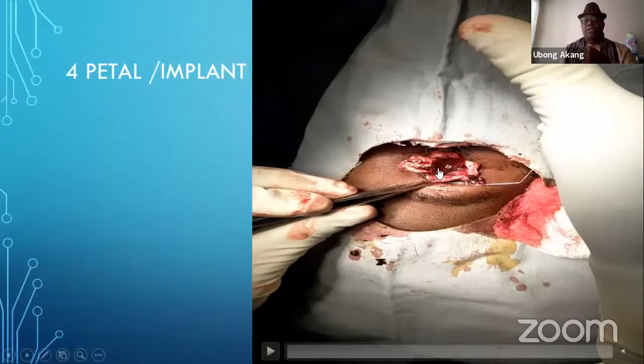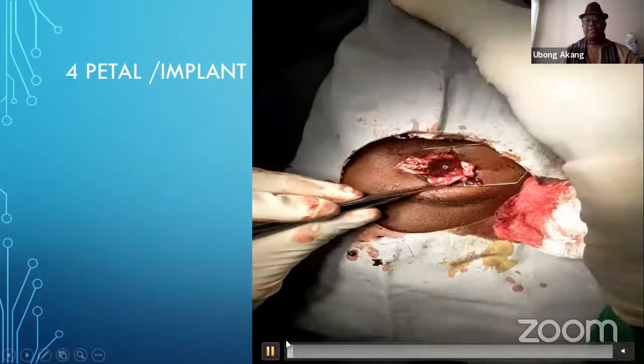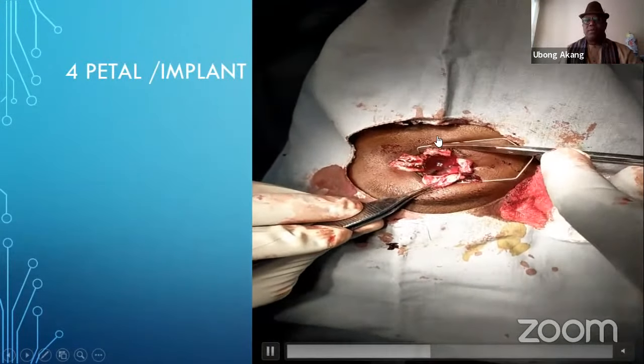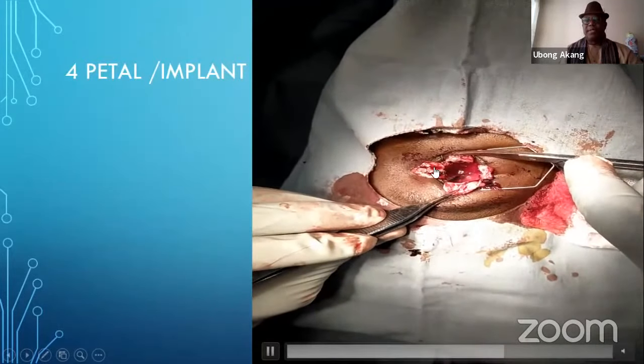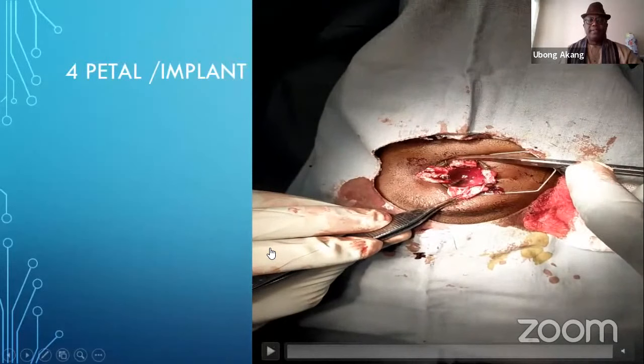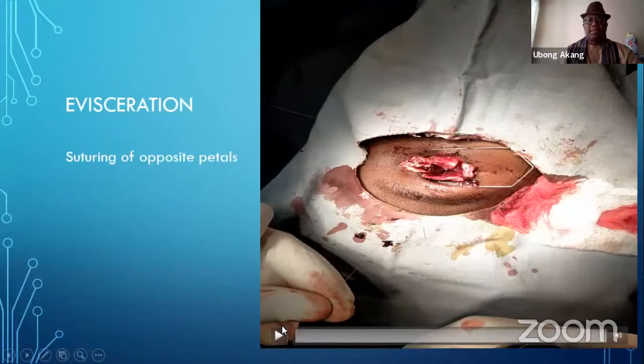This surgery, we did it last Monday. I had to catch it halfway when I remembered that I would present this. So these are the petals here: 1, 2, 3, 4. Inferior, superior, medial, and lateral. And that's the implant right in there. Okay. Go to the next one.